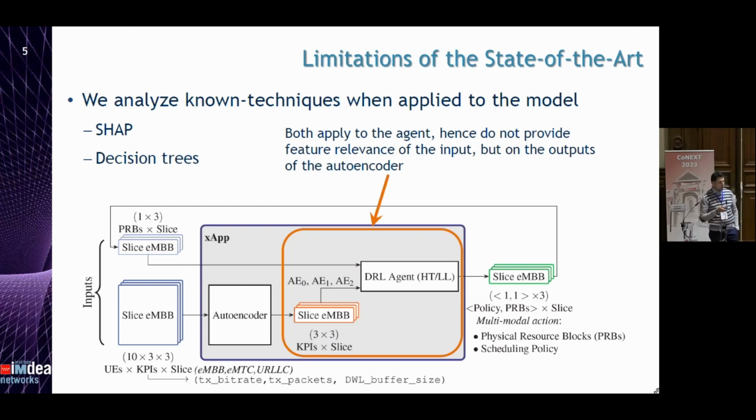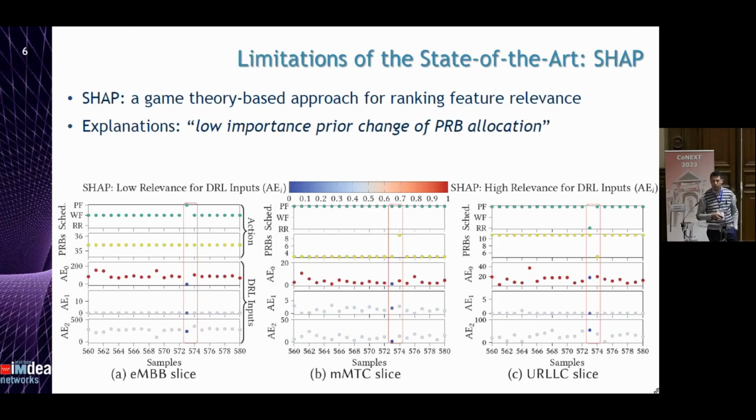And later we tried SHAP. SHAP is an extremely well-known technique. It comes from game theory, and provides feature relevance according to Shapley values, which are a form of game theory. And here we encountered a problem first, because there was some code already available, but it was for a very old TensorFlow version.